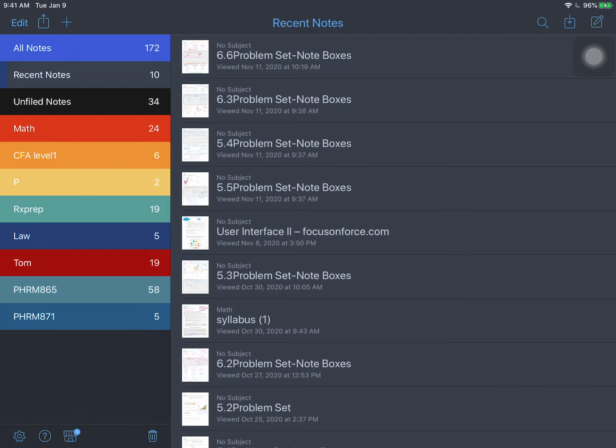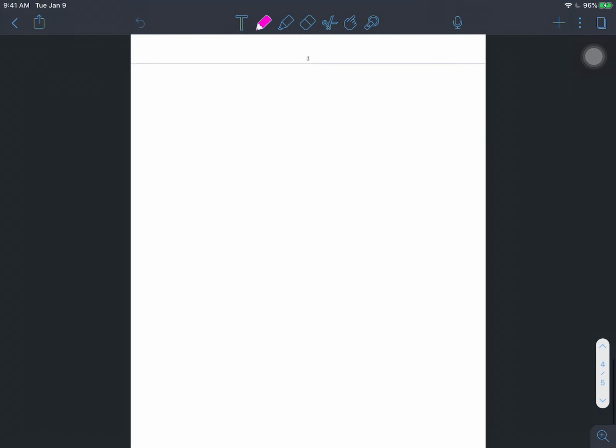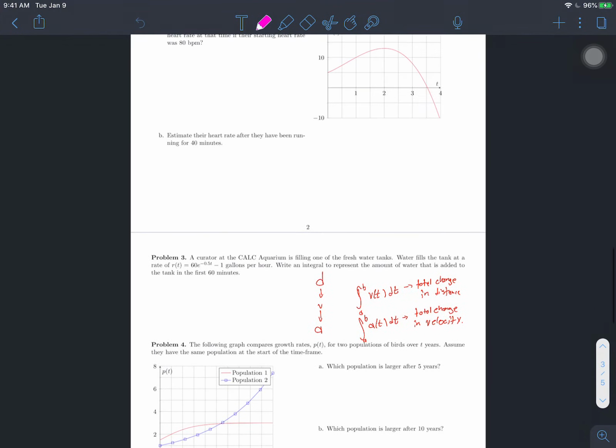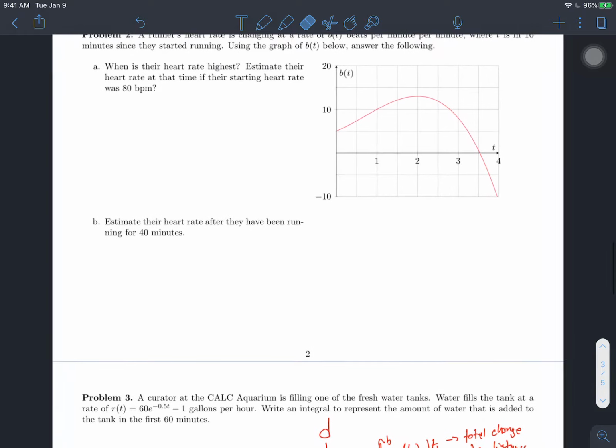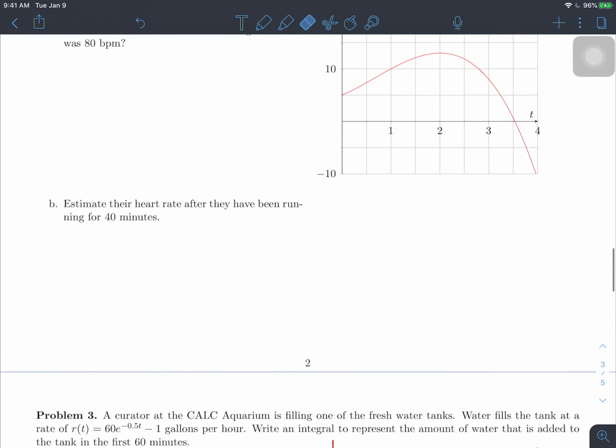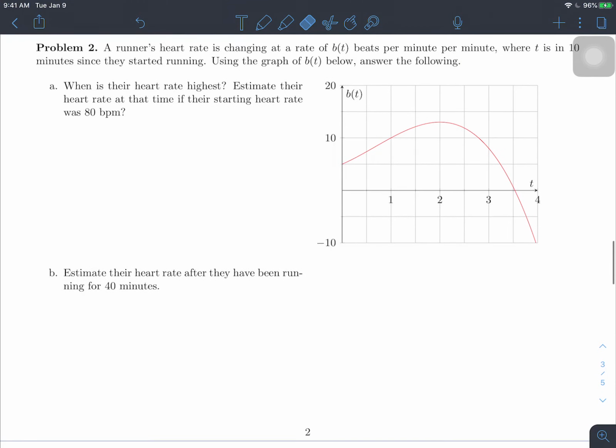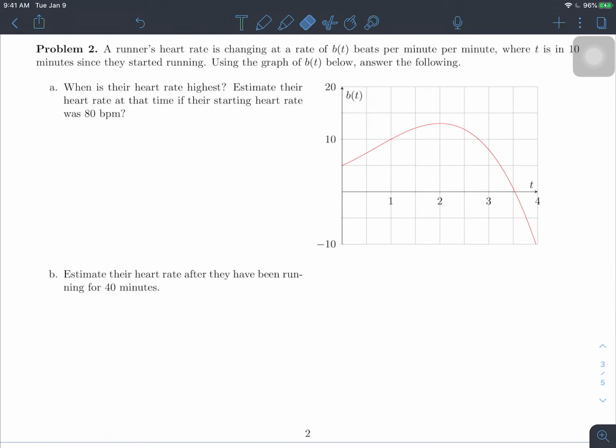I want to go back and talk about everyone's least favorite problem because it's a great problem. So many people wrote on their exit slip that they were not a fan of this problem, which means we should really talk about it some more. Okay, so what does this say?